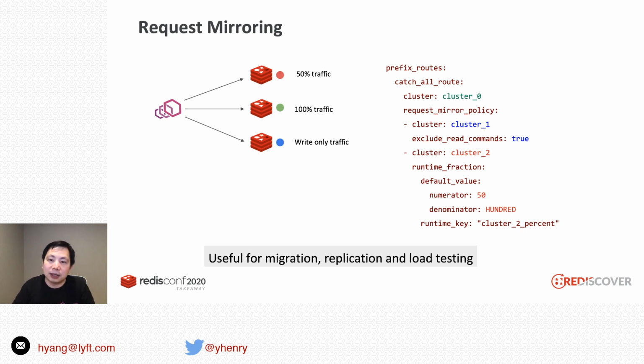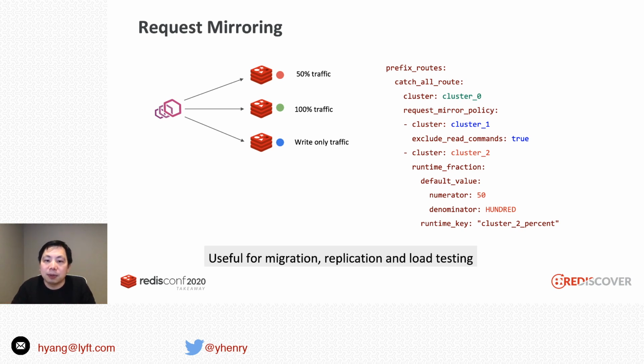And similarly, when we are mirroring requests, we also have the side effect of replicating the data. In practice, with a reasonable TTL, most of the time, replicating the load over a sufficiently long amount of time is enough to replicate the data also.